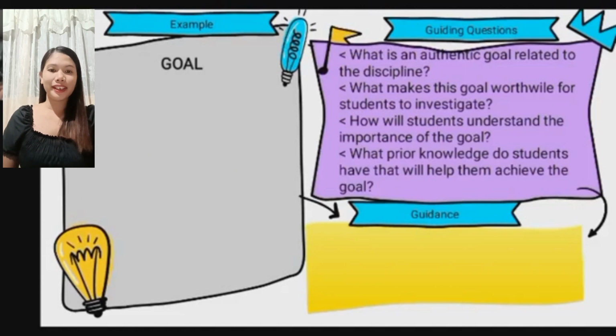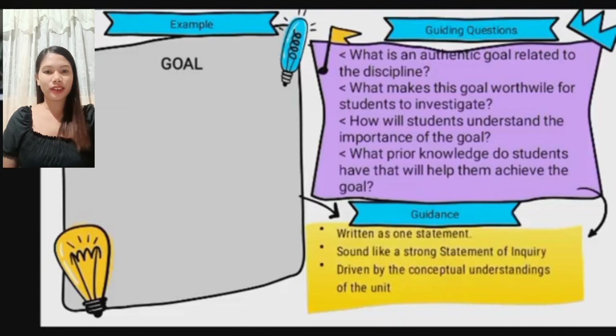And for the guidance, the goal must be written as one statement. It should sound like a strong statement of inquiry, and it should be driven by the conceptual understanding of the unit.